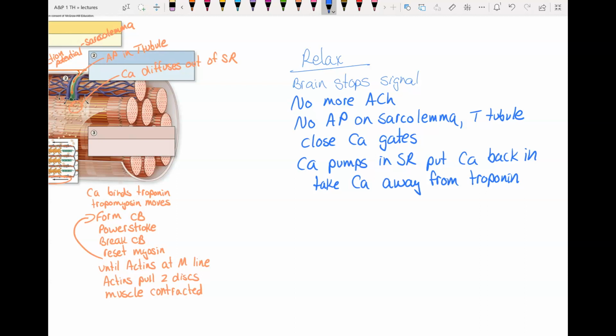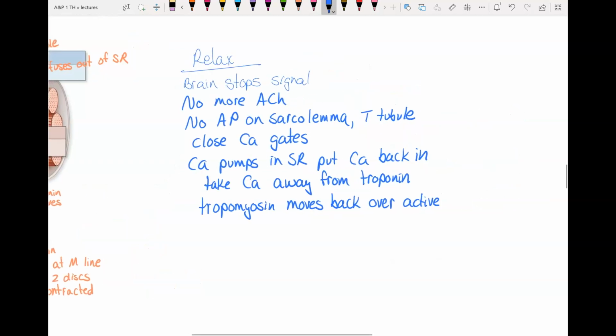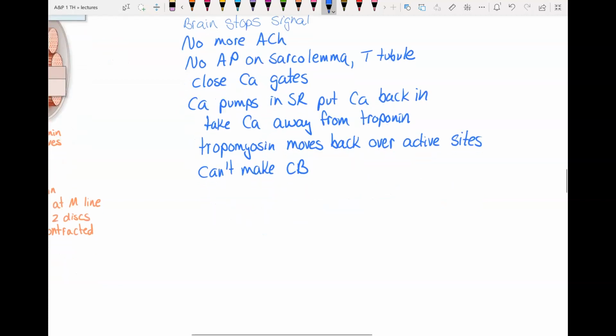And once you take the calcium away from the troponin, that moves the tropomyosin back to blocking the active sites. And once that tropomyosin is back over the active sites, you can't make any more cross bridges. So this means the myosin and actin cannot attach to each other anymore.